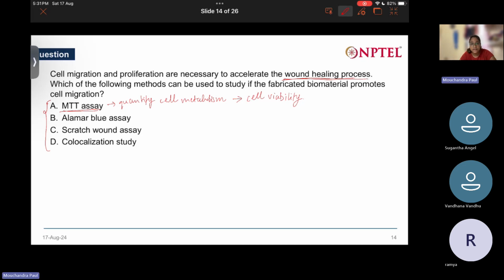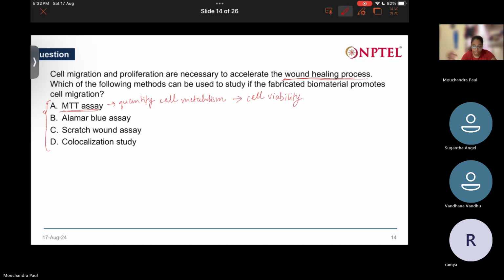If the cell is already dead, the metabolism has stopped. So in those cells, these enzymes will not be present. So in presence of those mitochondrial enzymes, this compound is reduced to a purple colored compound. And depending on the intensity of the purple color, we can quantify how much cell viability is there. What is the percentage of cell viability?